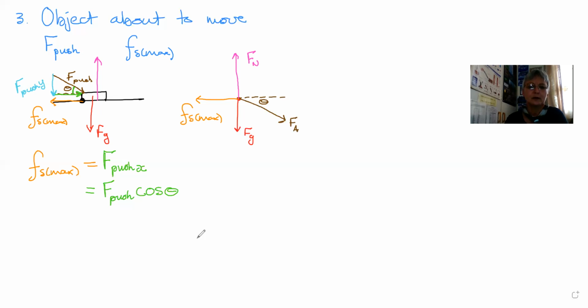Because we are working with Fs max, that's not the only option we have to calculate Fs max, because Fs max is also in a relationship with the normal force and the static coefficient of friction.